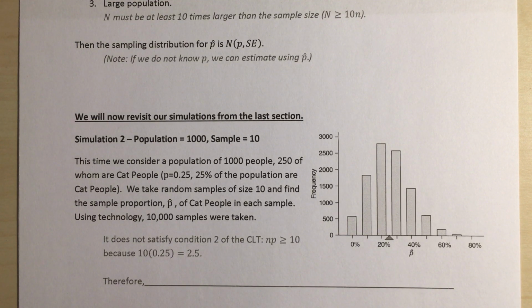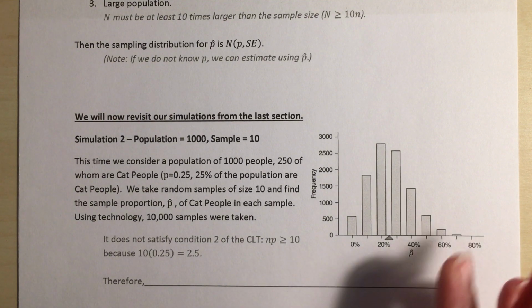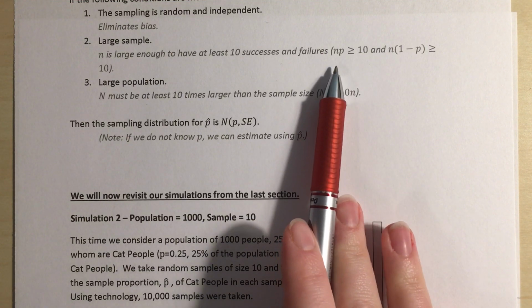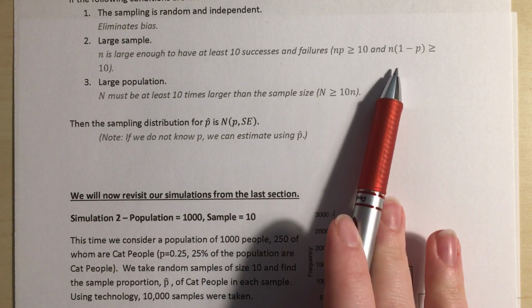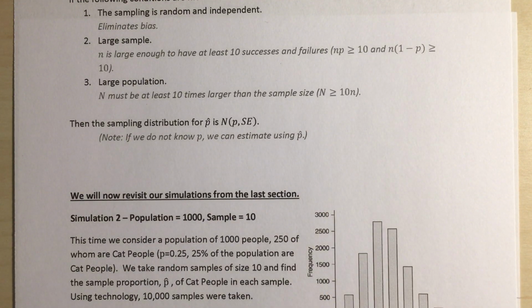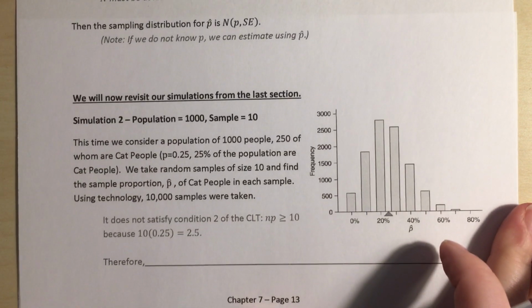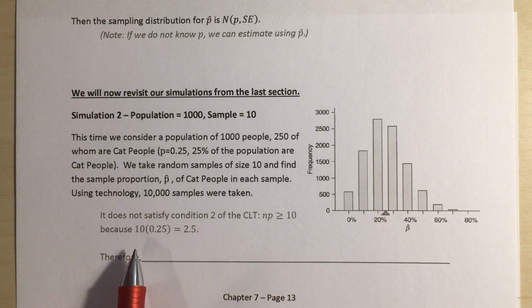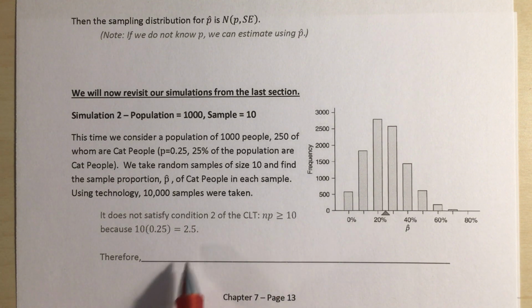If we think about our conditions of the central limit theorem, in order for a sample to be large enough, we need to multiply n times p and n times 1 minus p and get values that are greater than or equal to 10. If we take n times p in this case, 10 times 0.25, we only get 2.5, which is not big enough.